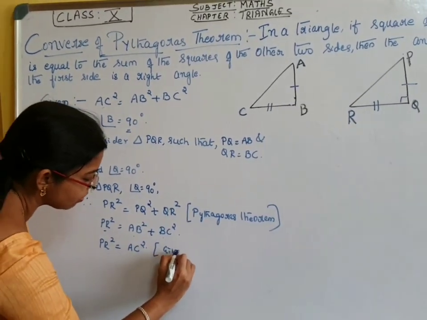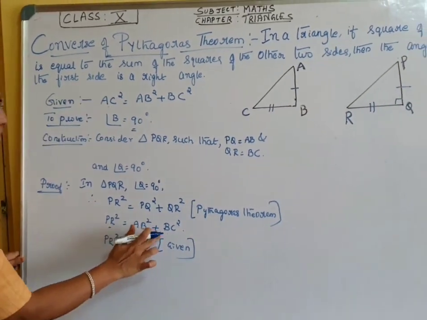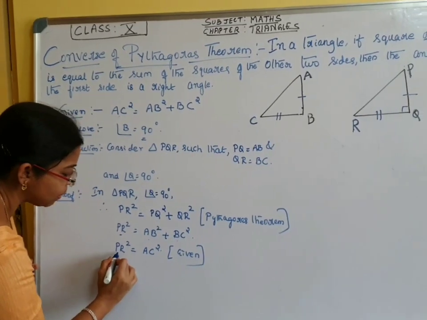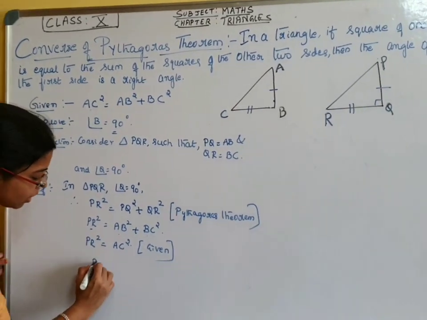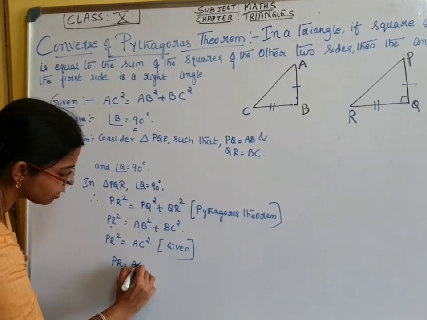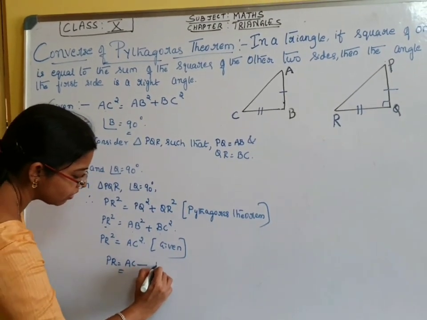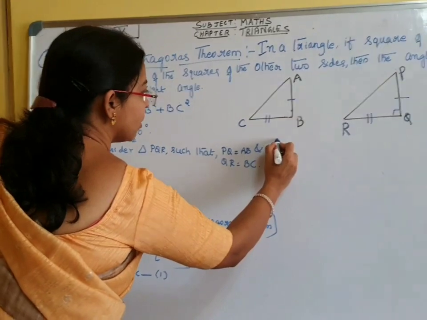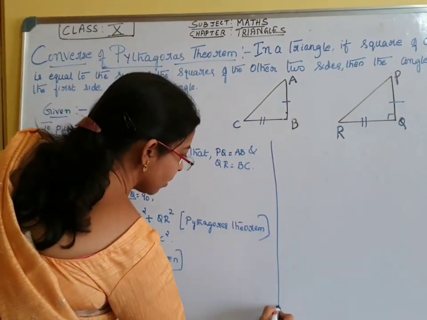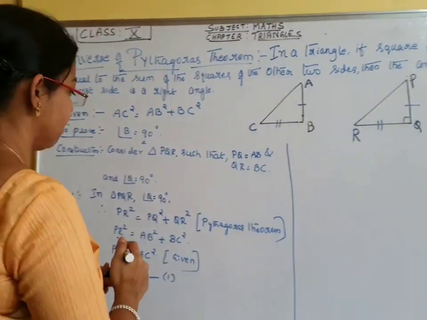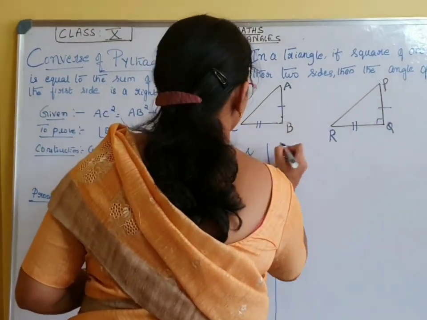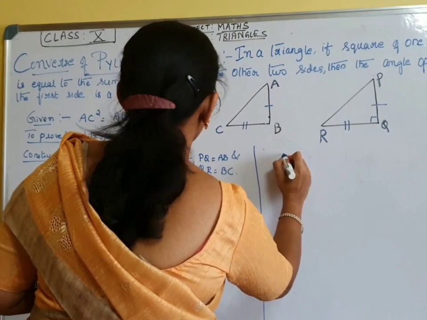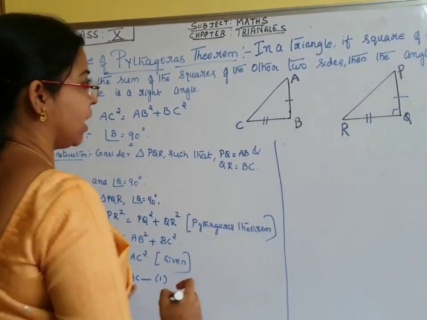This is because it's given. In place of AB square plus BC square, we can write AC square. If PR square is equal to AC square, PR is equal to AC. We will name this 1.